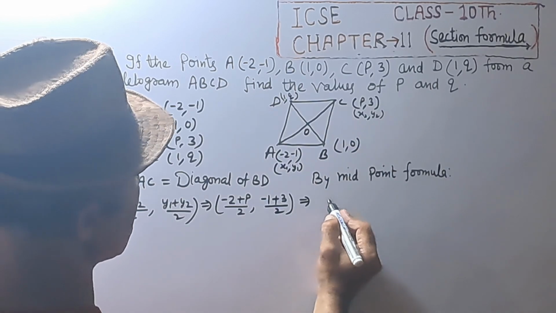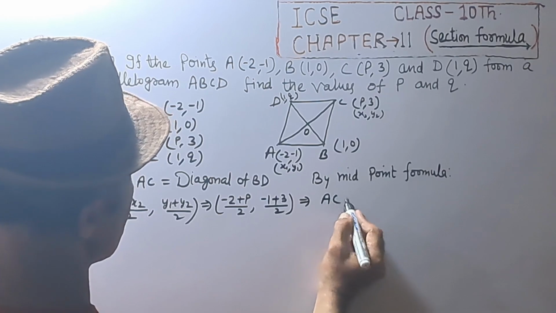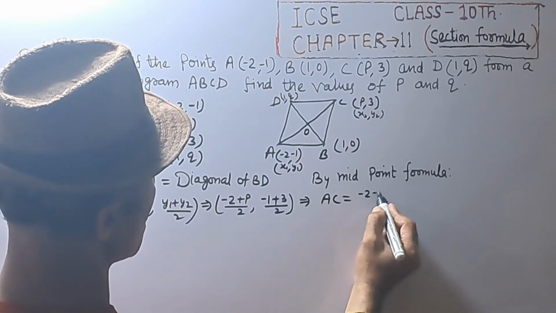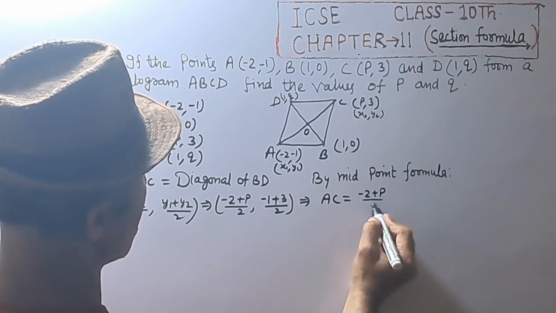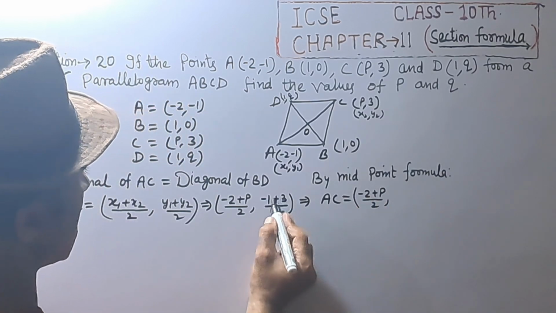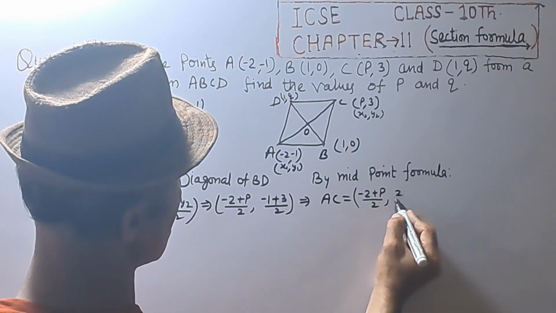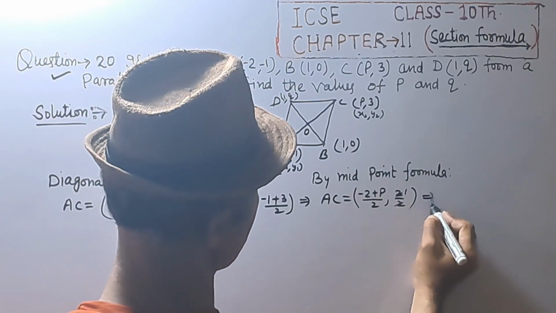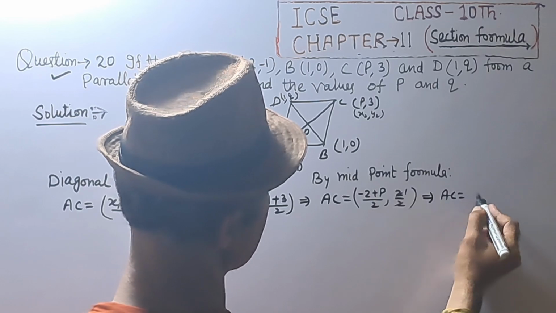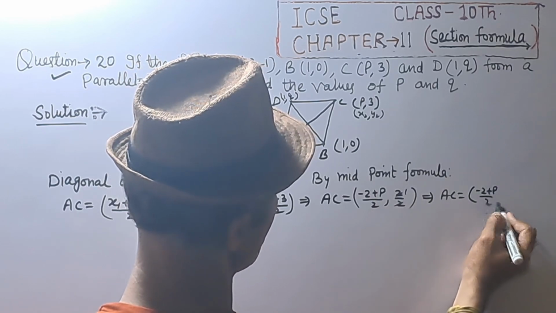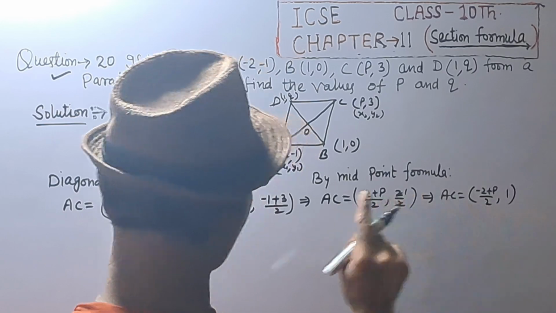So AC is equal to ((-2 plus p) upon 2, (3 minus 1) upon 2), and 2 upon 2 is equal to 1. So we get AC is equal to ((-2 plus p) upon 2, 1).